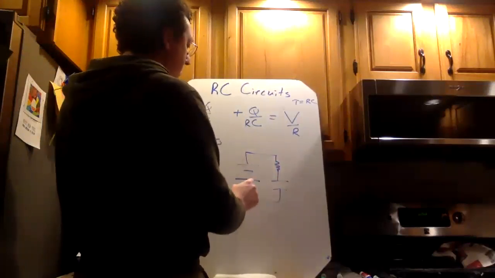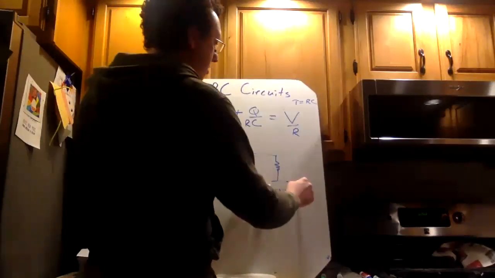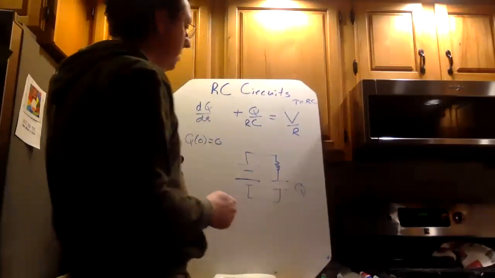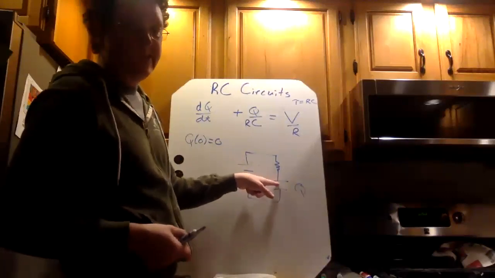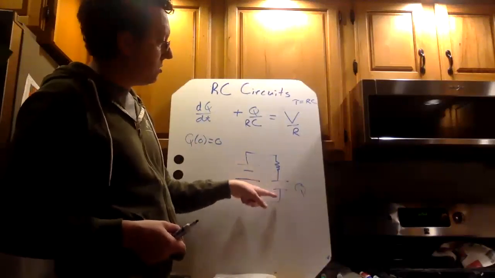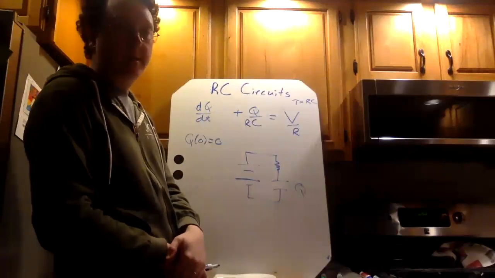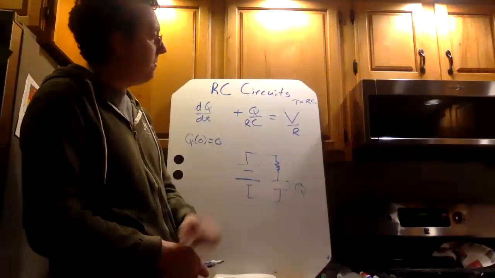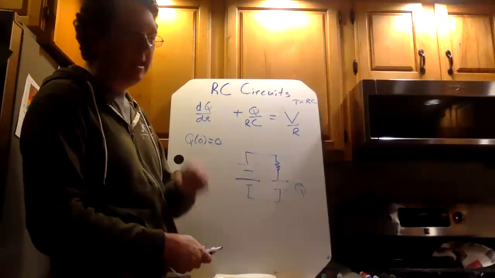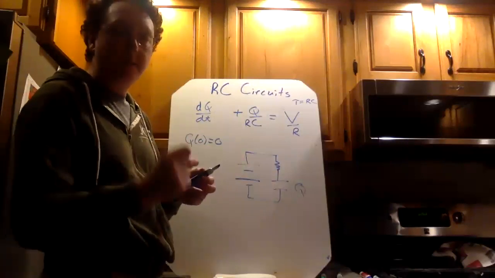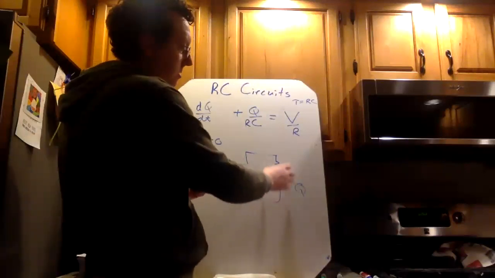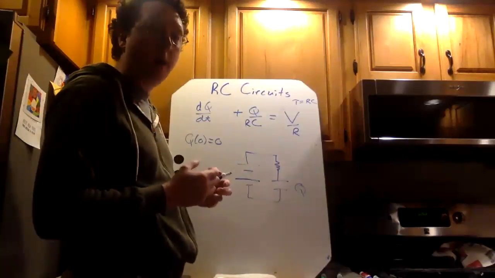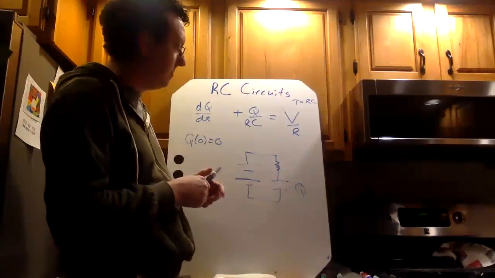So the minute you throw the switch, there's no charge here. If there's no charge on the capacitor, then there's no voltage drop across the capacitor. And in that very briefest of split seconds, at the very first moment, the capacitor actually just acts like a piece of wire.